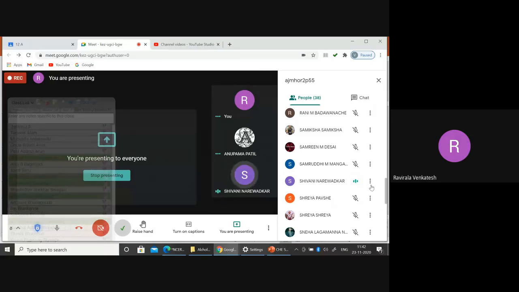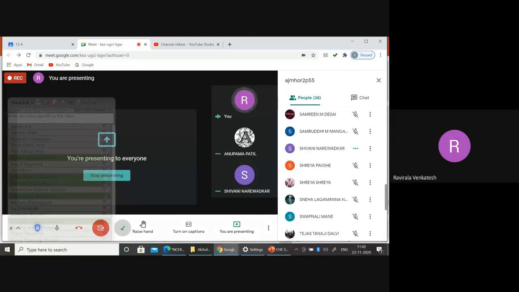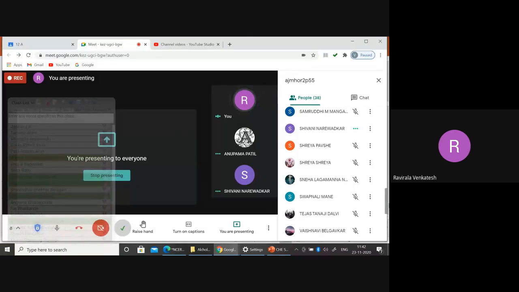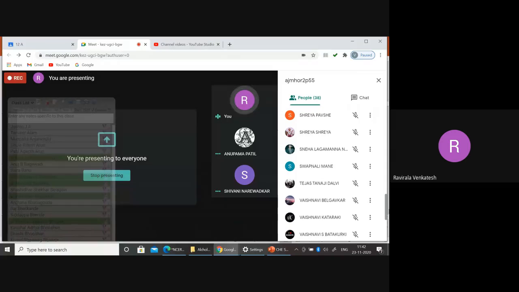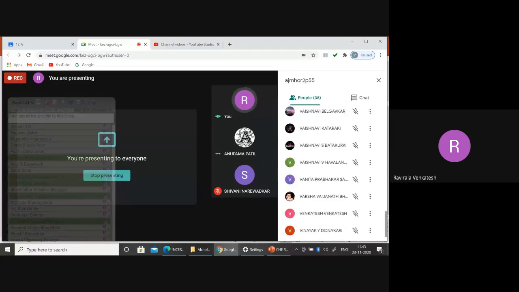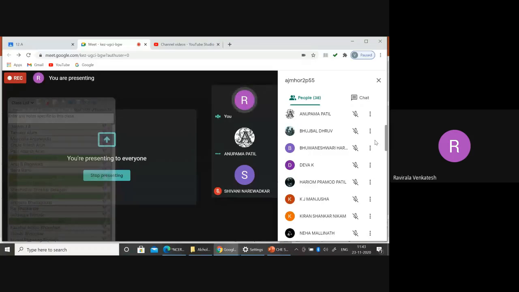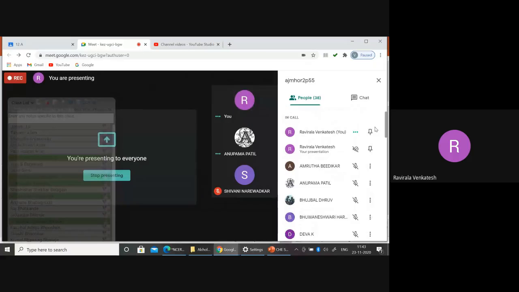Shreya, both Shreyas are there. Ali, yes. Vaishnavi Belgaonkar, Vaishnavi K, all Vaishnavis are there. Vanita present, Varsha present, Bhujbal Dhruv.